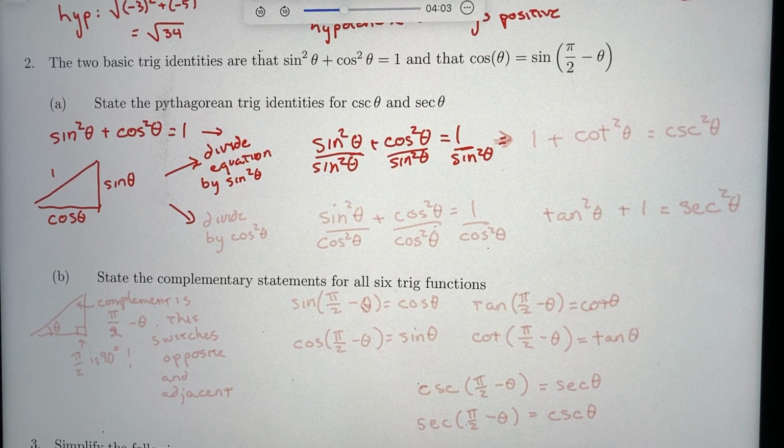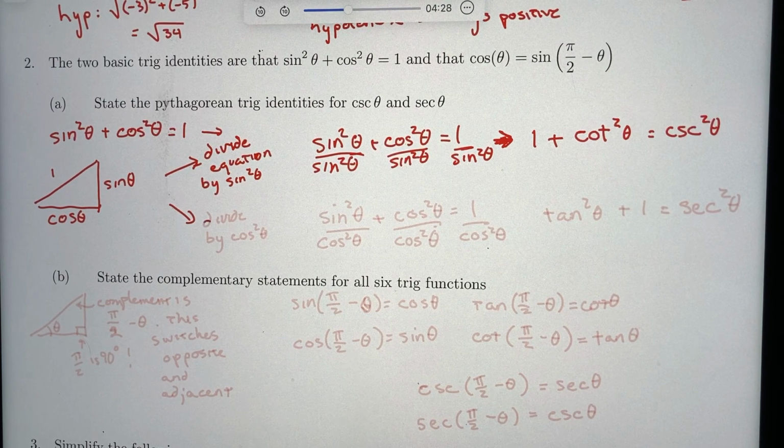And remembering that, okay, sine squared over sine squared is 1. And cosine over sine is cotangent, so cosine squared over sine squared is cotangent squared. And 1 over sine is cosecant, so this is cosecant squared.